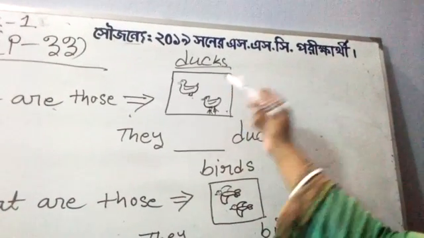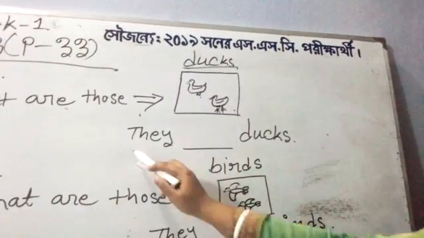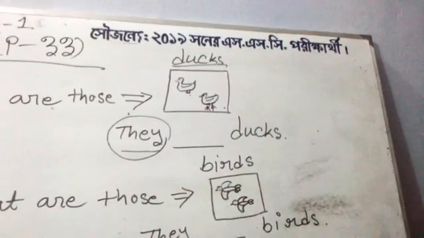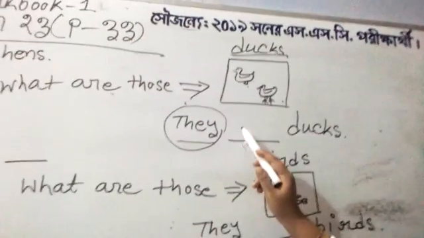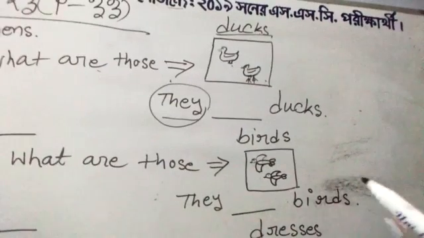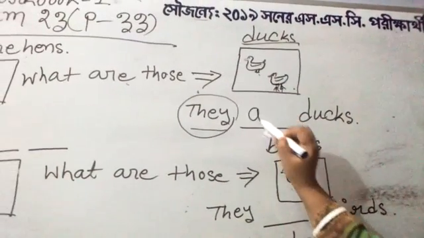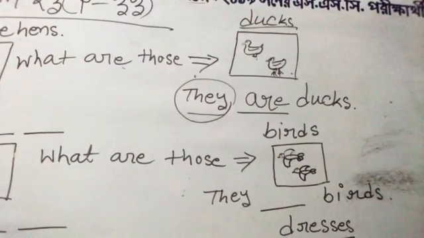Just under the box of the ducks, we have to write they, as they is the plural pronoun, they is used for the plurals. So after they, what will be the auxiliary verb? Is or are? Of course, are. So they are what? They are ducks.